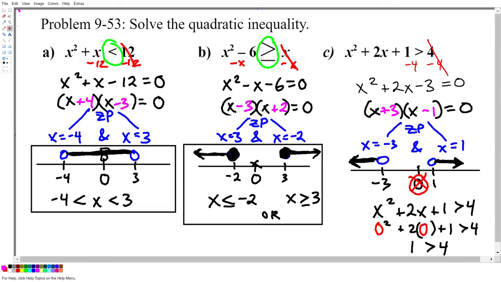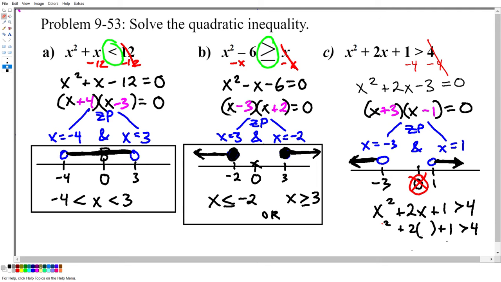It is a good idea to try a different number to see if it gives us a true statement. So I'm going to go ahead and try a number that is in region C here. So instead of plugging in 0, let's plug in a different number.